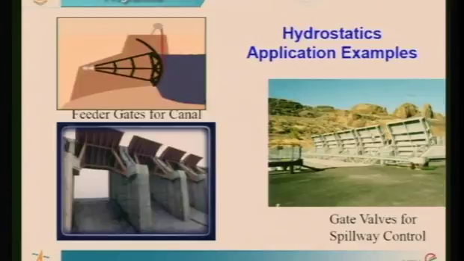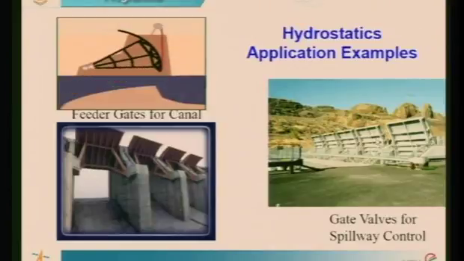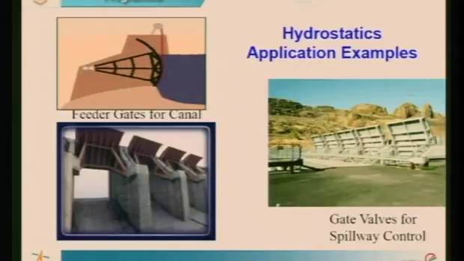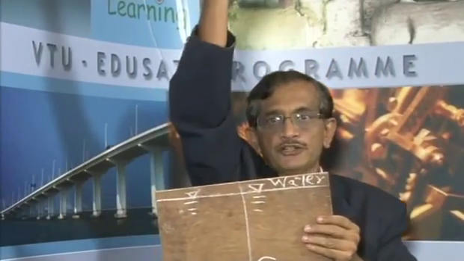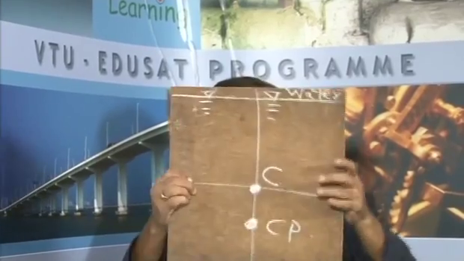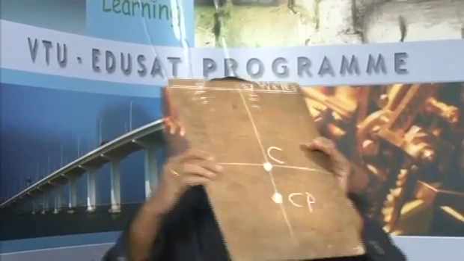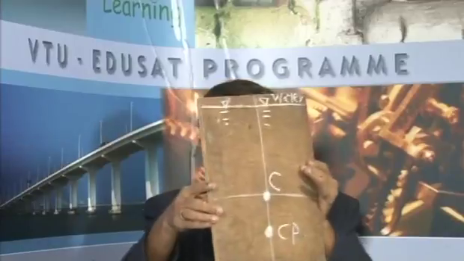How to calculate on this? Even this gate, you can see, is not plane. This is a vertical gate. If I lift this in a dam, it will be like this directly. I will lift it by a crane system. This is a plane surface, right? No problem. A plane surface can be horizontal, inclined, or vertical, no issue at all.